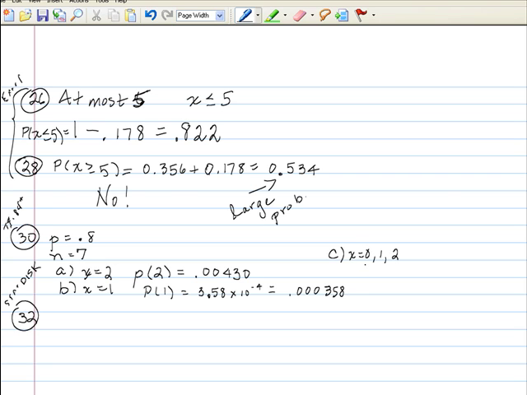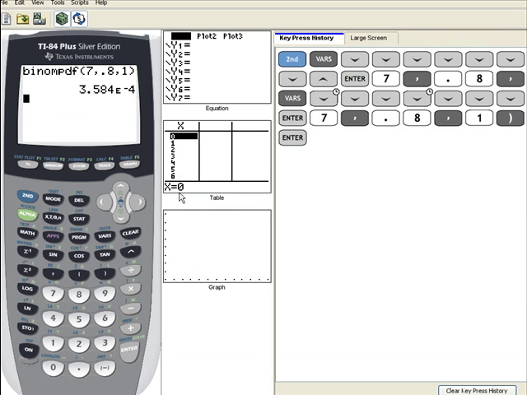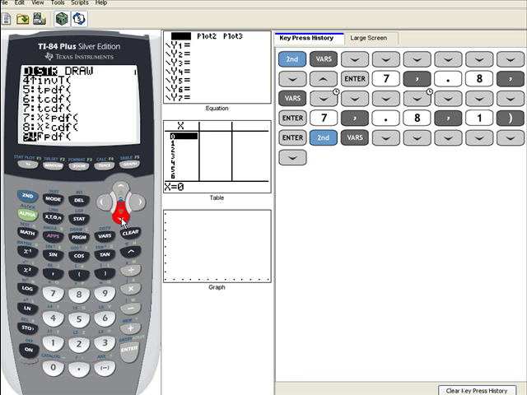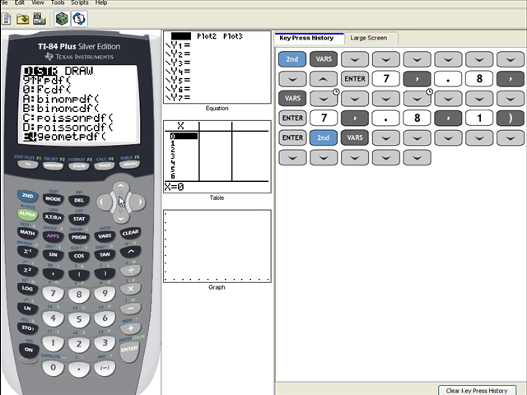So with the calculator, this is a little bit different. This time we want to go to second vars, and we're going to come down to the CDF, because it's cumulative. Whoops, I went too fast. I want B. Let me double check and make sure I'm doing these in the right order.